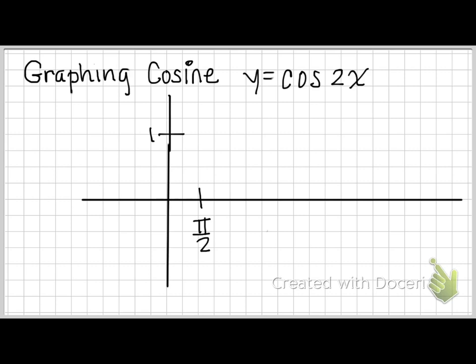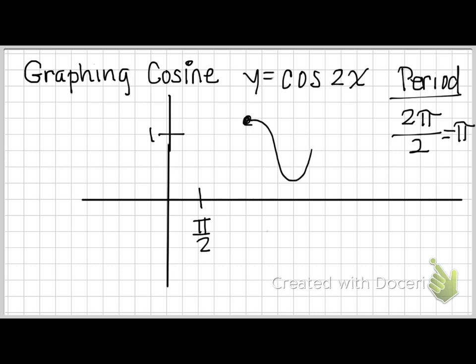Just like with sine, we're going to look at our new period. So the period was 2 pi, and then to get the new period, we're going to divide by that number, the coefficient on x. So our new period is 2 pi divided by 2, which is pi.